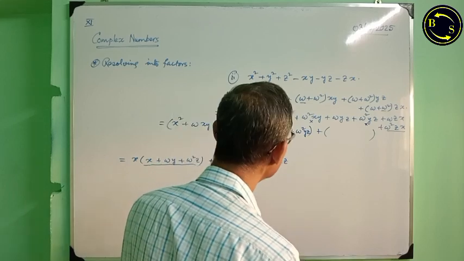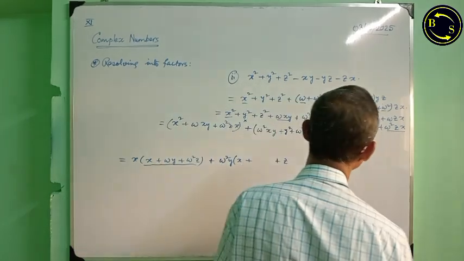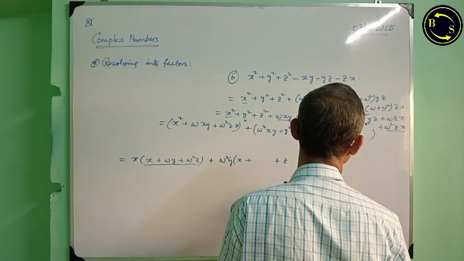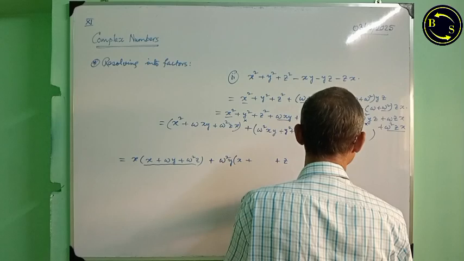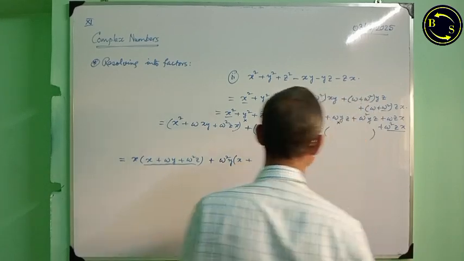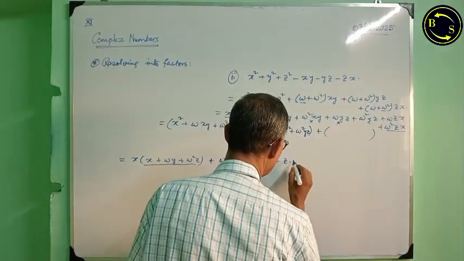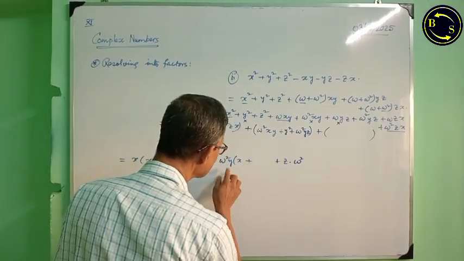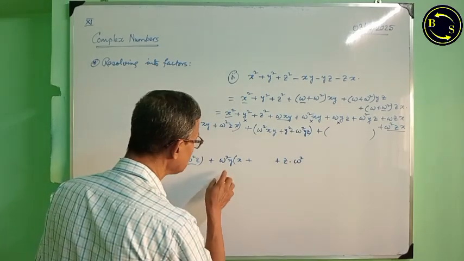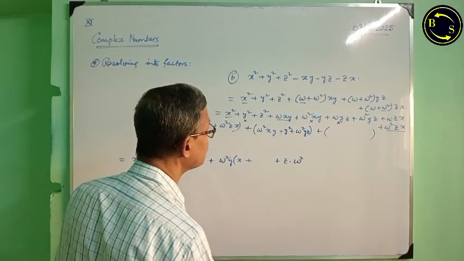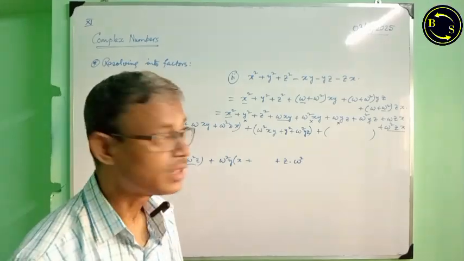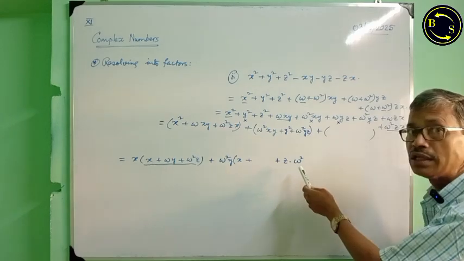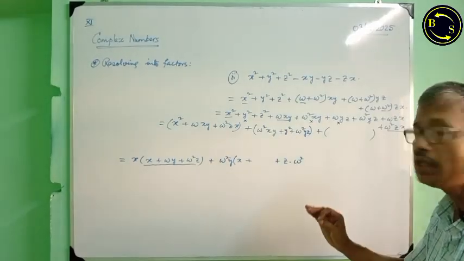That is why we have to consider this one, not this one. I write omega square z. Now let us multiply. What will be the result? Omega cube yz. Sorry, omega to the power 4 yz. That means after simplification that will be omega yz.